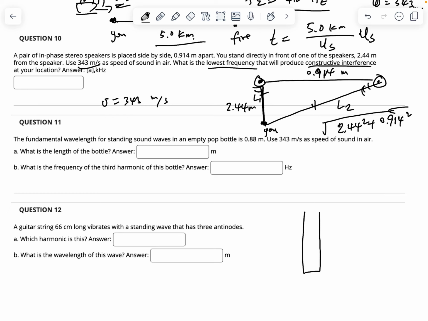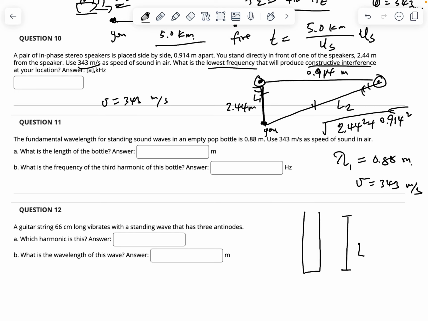The fundamental wavelength, okay? So lambda 1 equals 0.88 meter. Use V equal to 343 meter per second of sound in air, what is the length of the bottle? Okay, so this is the length of the bottle. Length of bottle is here, right?